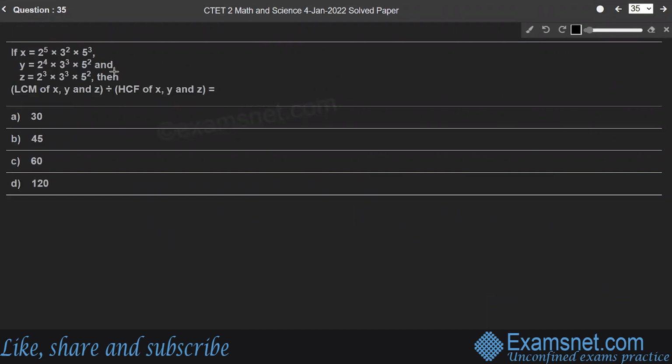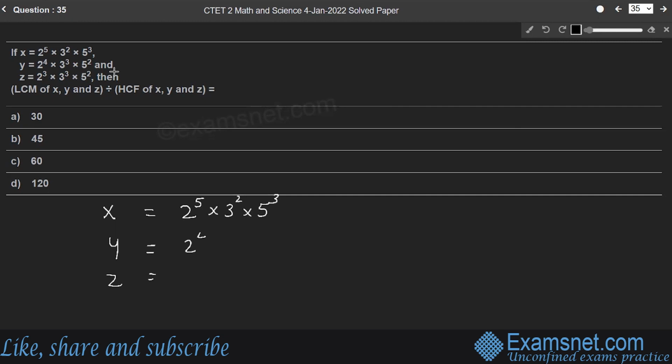Question number 35. If x is equal to 2 raised to 5 into 3 square into 5 cube, y is 2 raised to 4 into 3 cube into 5 square, z is 2 cube into 3 cube into 5 square, then LCM of x, y, z divided by HCF of x, y, and z is equal to. So let us write x, y, and z. 2 raised to 5 into 3 square into 5 cube.